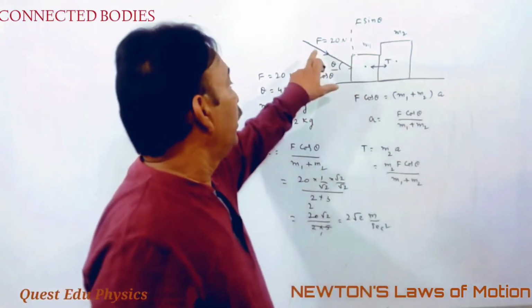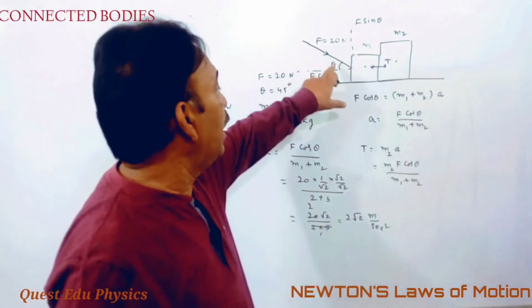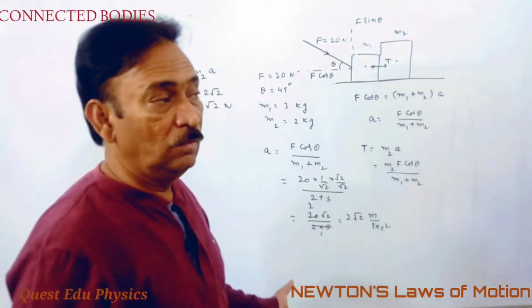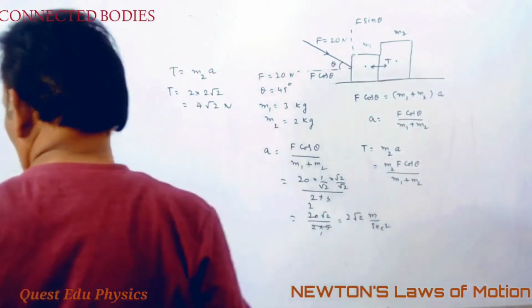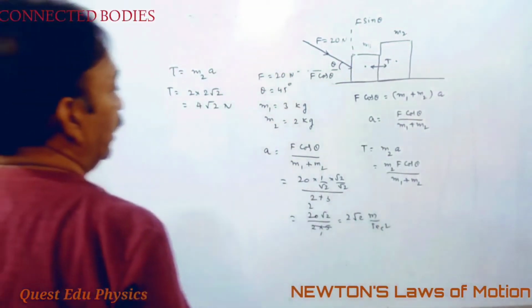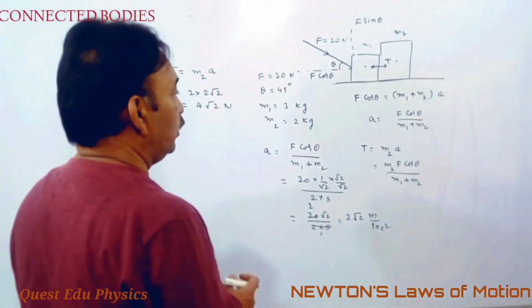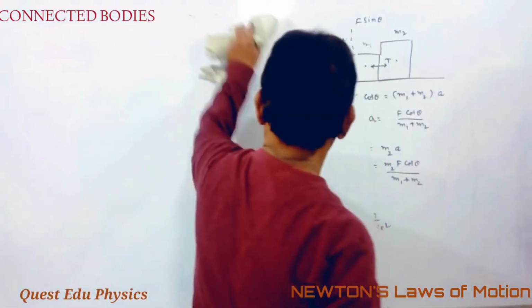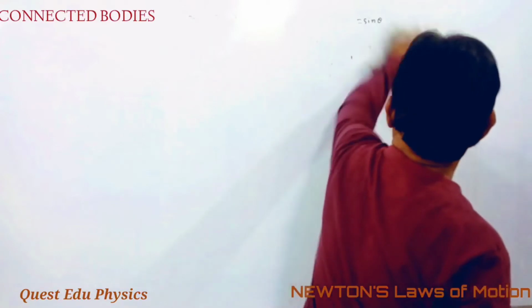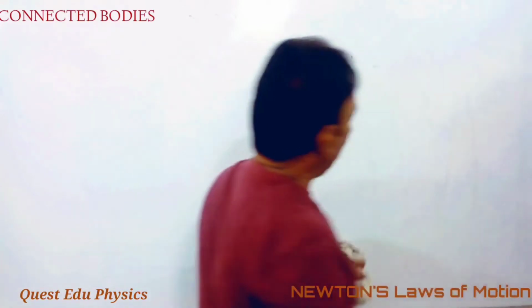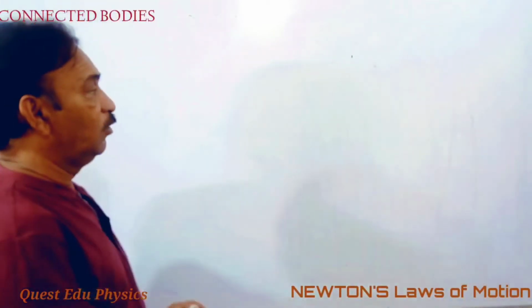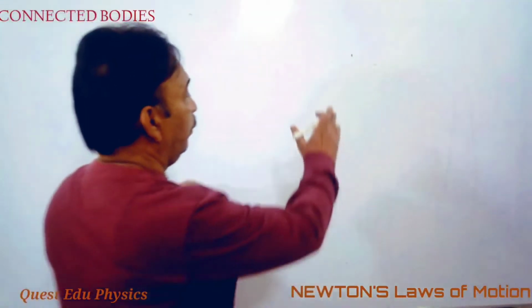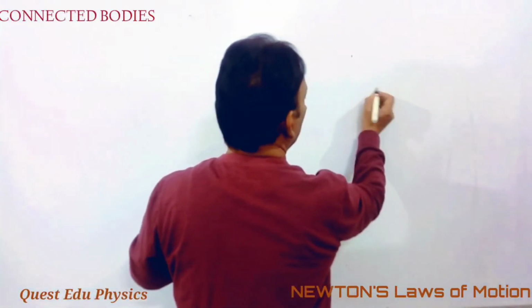Here, one force is acting, making some angle. Okay students? Here this problem can be asked in another way. You have to follow the same approach. By giving 3 blocks or four blocks, it might be asked in this way.